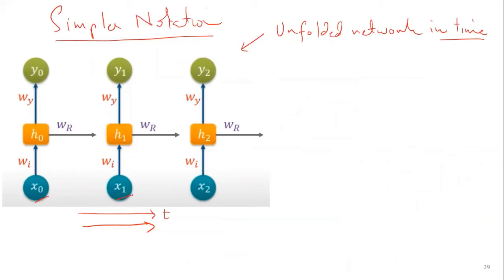So this is x0, x1, x2. This is the output at time 0, output at time 1, output at time 2. So if you have something over here which says a boy kicking the ball, to figure out how to train this network, there's something called, and it's a little complex, backpropagation through time.